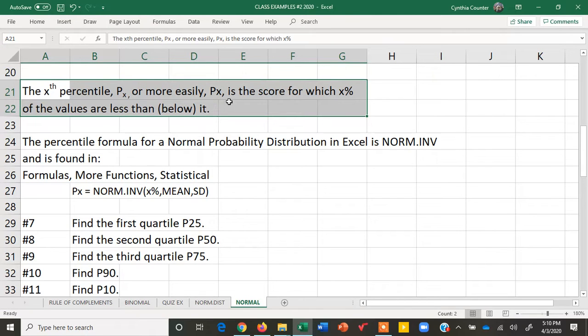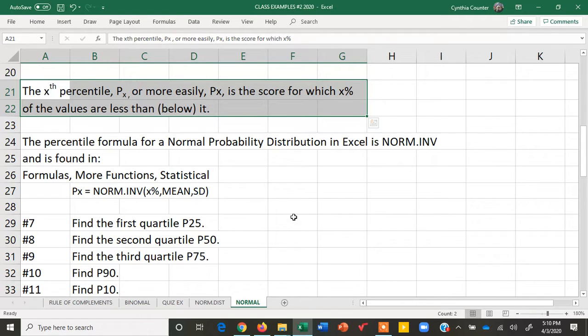Now notice if I just write Px, I know it's not a probability because it doesn't say P of x, right? So Px means percentile, P parentheses x means the probability of x.